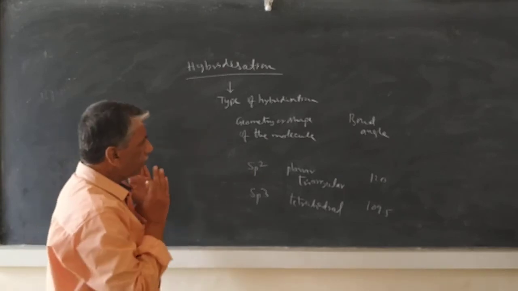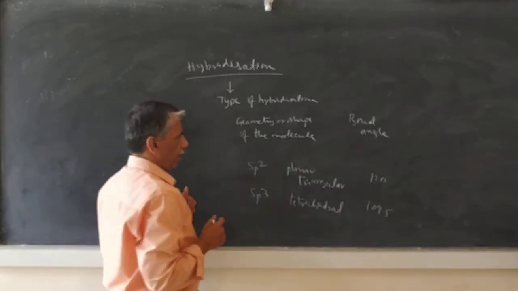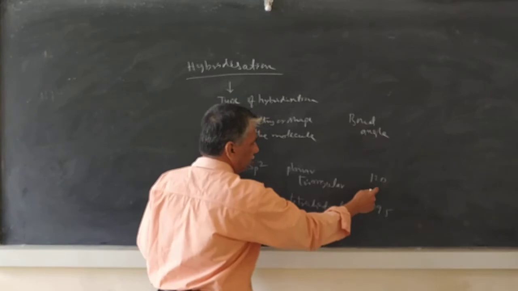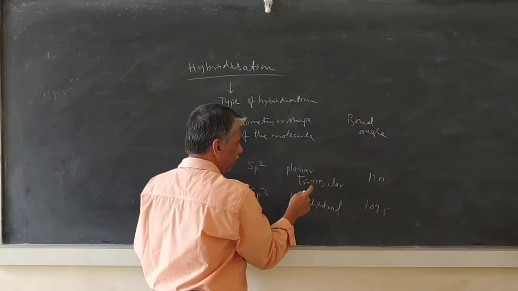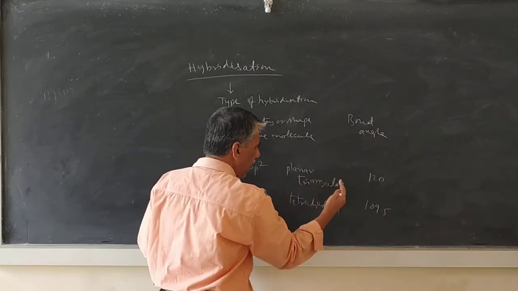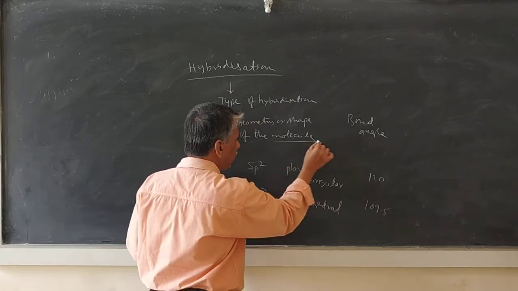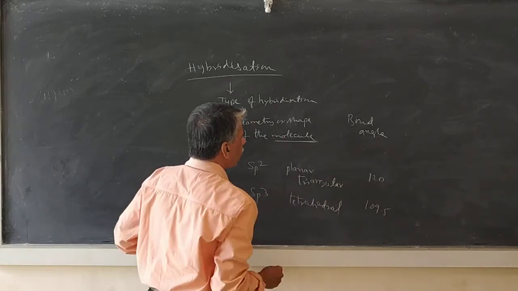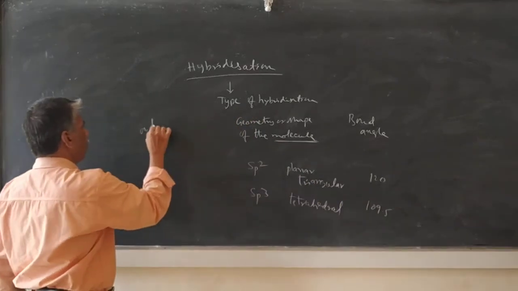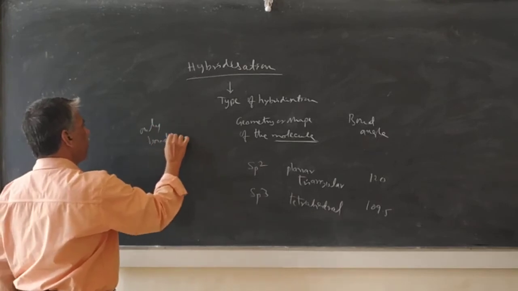Remember that you will expect this bond angle as well as this geometry if the molecule consists of only bond pair of electrons.